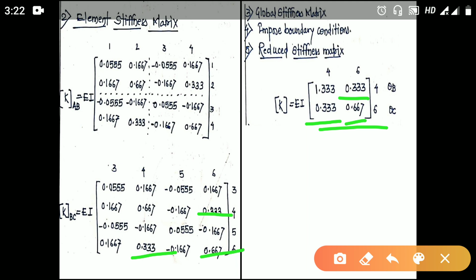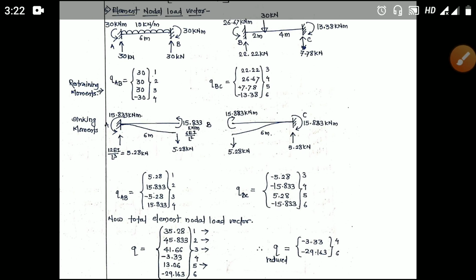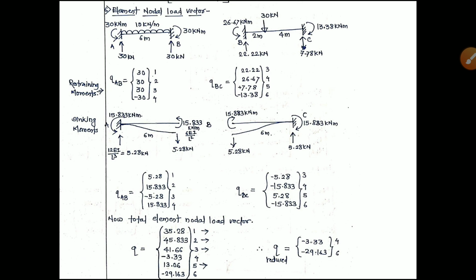So whatever is left after imposing the boundary conditions, you have to write down in the reduced stiffness matrix. Once you complete this reduced stiffness matrix, then calculate the element nodal load vector, that is the small q matrix, which is a column vector. So first calculate the fixed end moments, considering all supports as fixed supports.